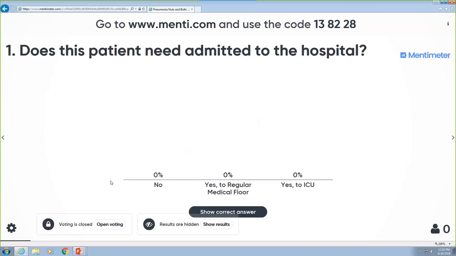All right, so the first question is, does this patient need to be admitted to the hospital for treatment of her pneumonia? I'm going to give you about 20 seconds to vote. Your choices are no, admit to the regular medical floor, or admit to the ICU. And for those who walked in late, if you go to your phone's browser and put that website in and then use the code listed, it will take you to the presentation.